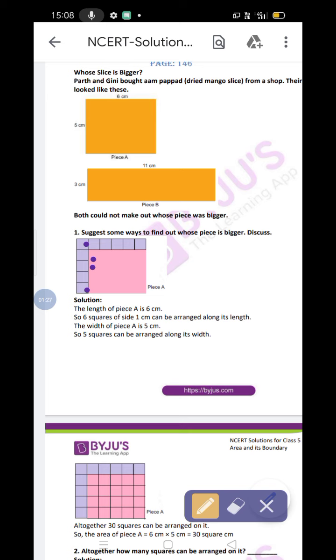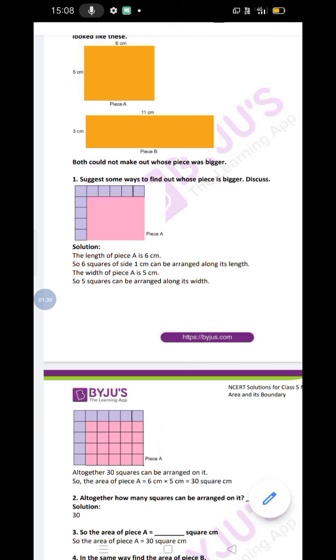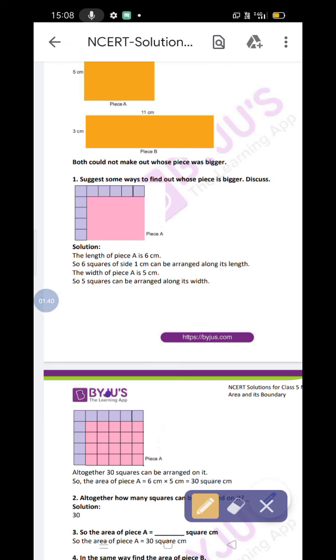Similarly, they covered the whole space. So altogether there are 30 squares. Here it is 6, here it is 5. If you multiply 6 into 5 it is 30. So 30 square centimeter was placed in piece A.